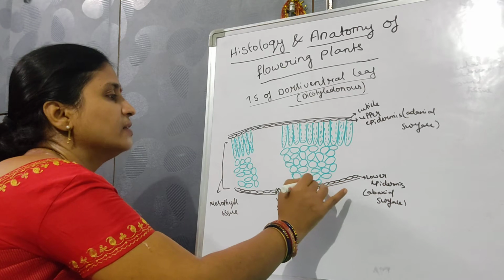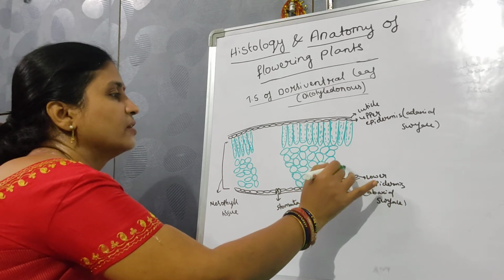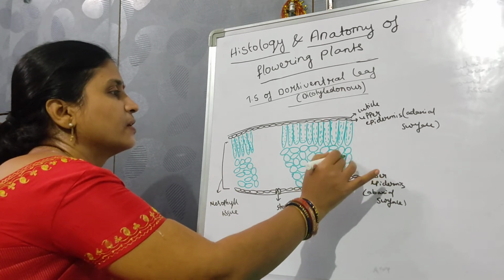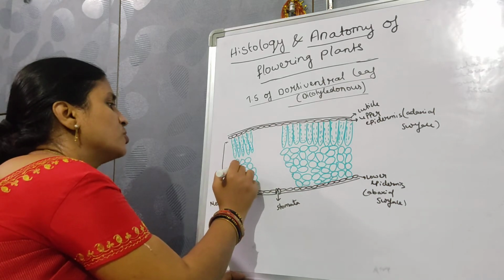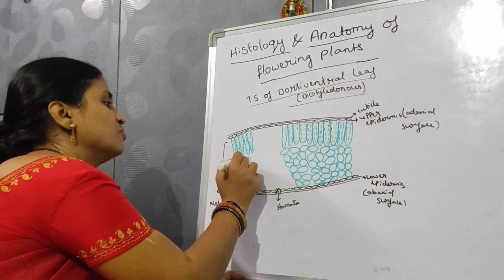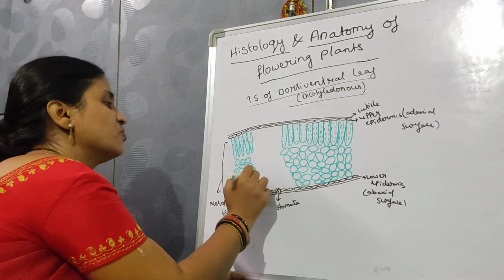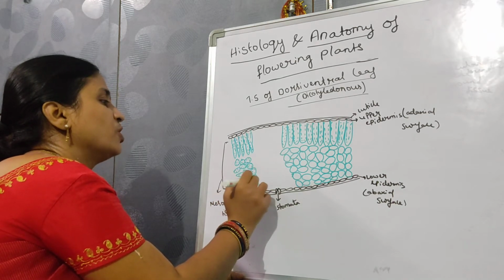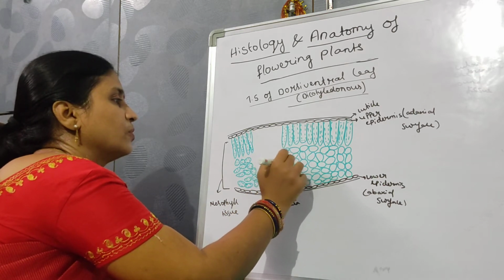These are the spongy cells in the spongy parenchyma. Large intercellular spaces are present. This spongy parenchyma also bears chloroplasts, which bear chlorophyll, useful for photosynthesis. Photosynthesis is a process useful for the synthesis of food materials. Chlorophyll is a photosynthetic pigment which traps sunlight.